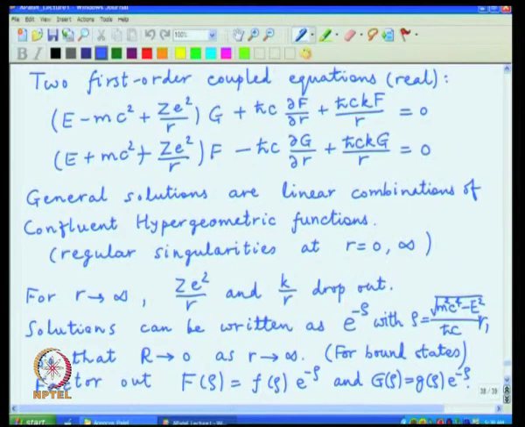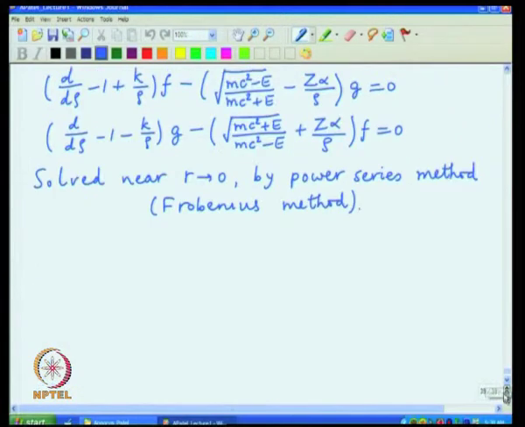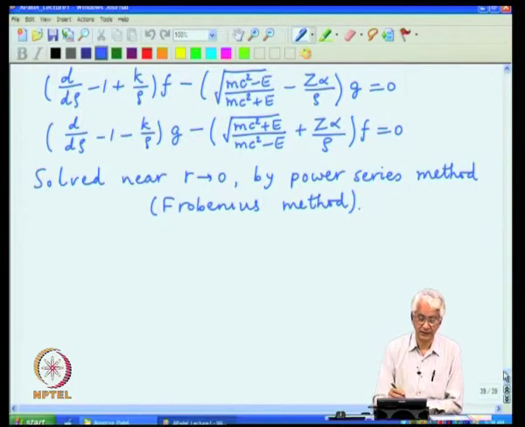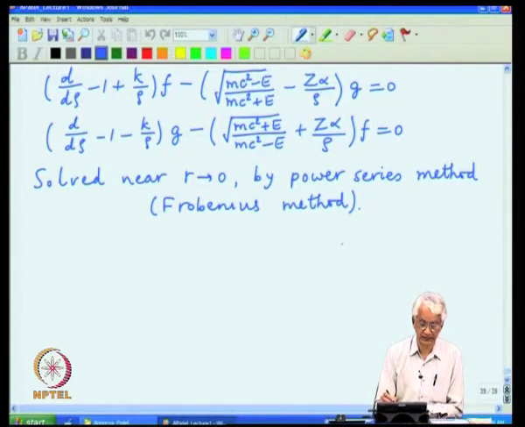Then the remaining singularity has to be tackled by a series expansion near r equal to 0, and this is the standard Frobenius method, which I will describe today, giving rise to the explicit solution.